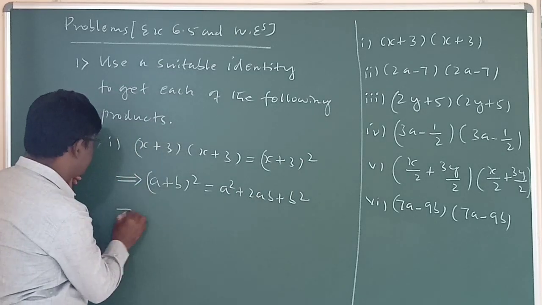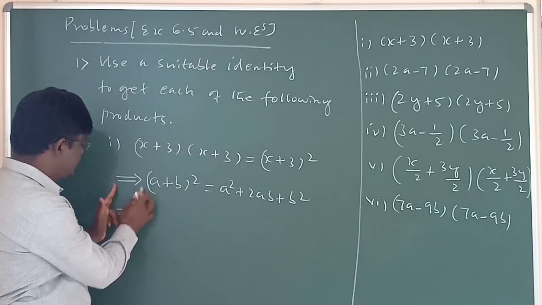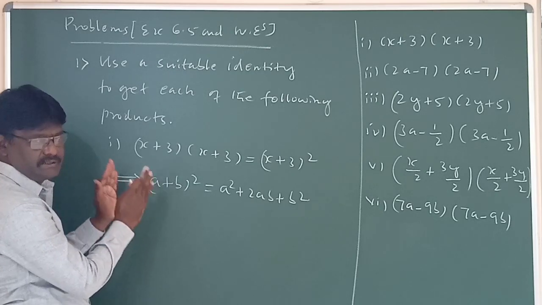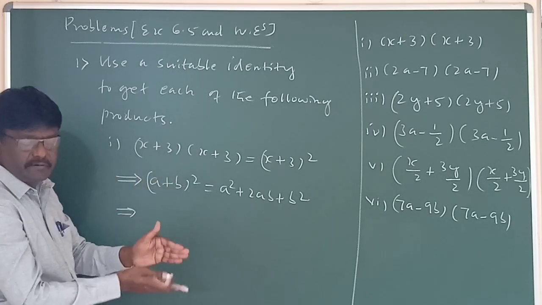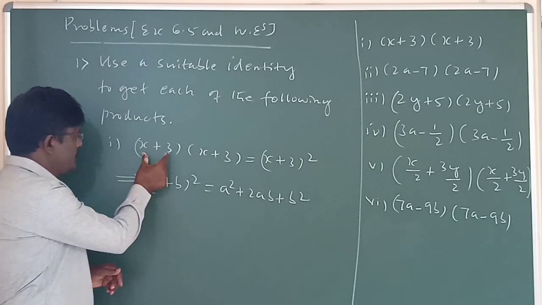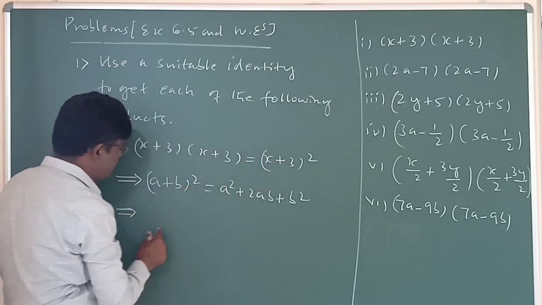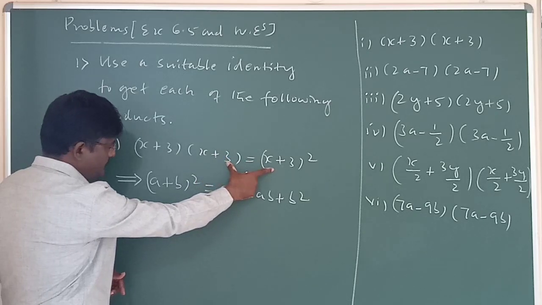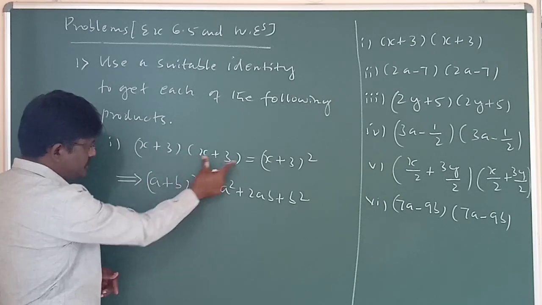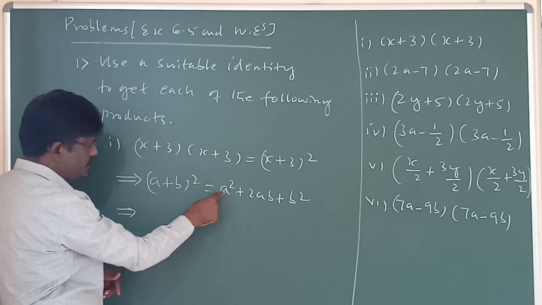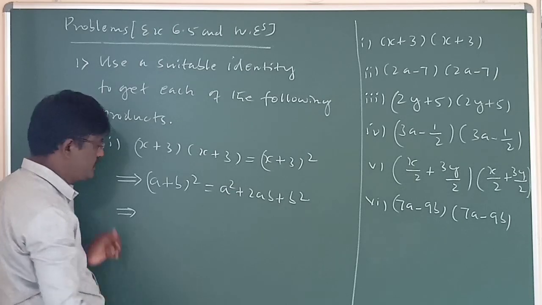See here, these symbols give a clear picture about the previous steps and even the further steps. Implies means because of this. So this implies (a plus b) whole square equals a square plus 2ab plus b square.